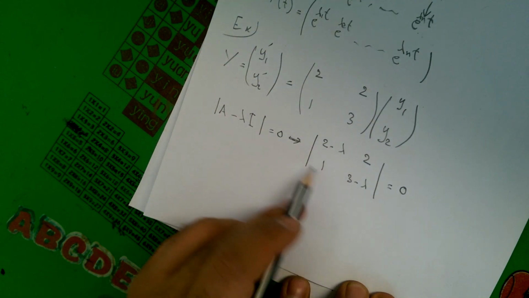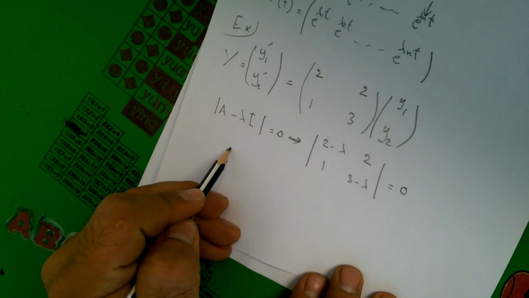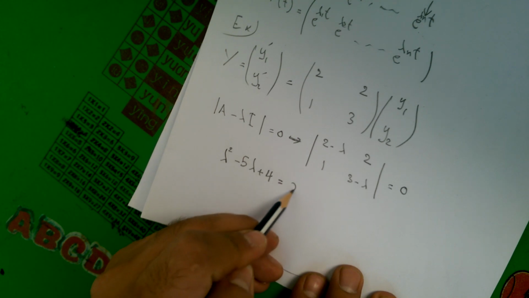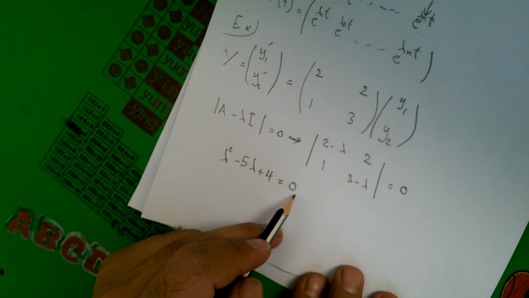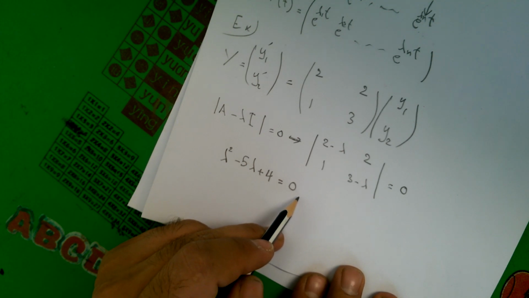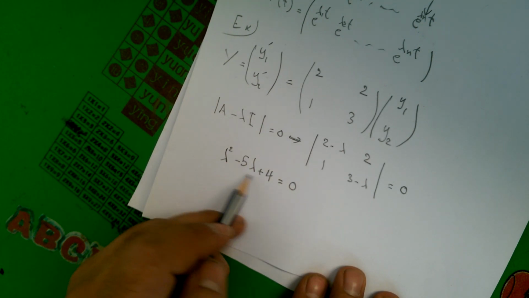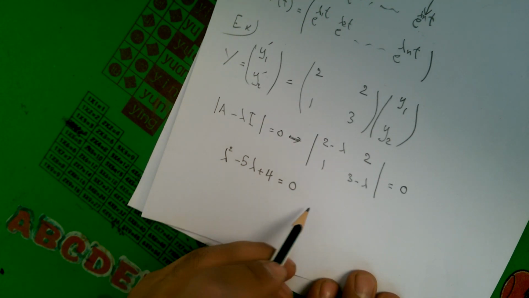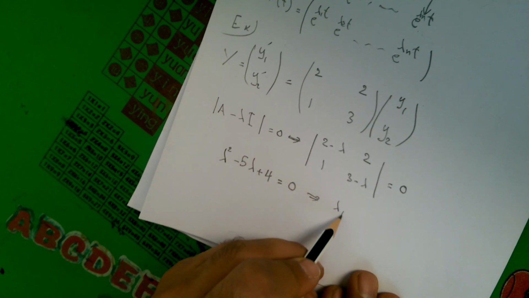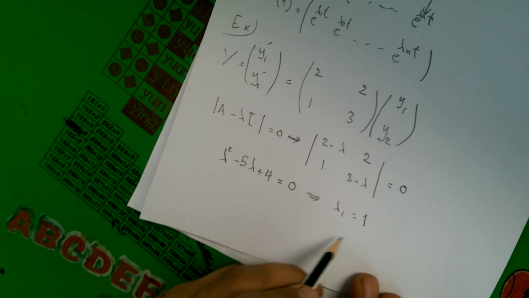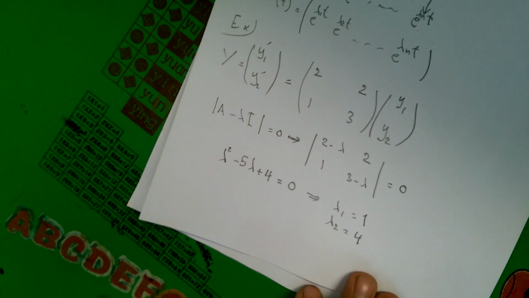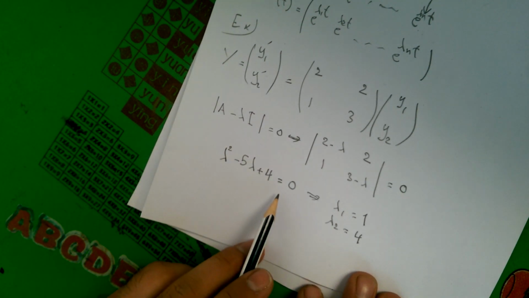Now solve the determinant, and you get lambda squared minus 5 lambda plus 4 equal to 0. It is a polynomial of degree 2, and it has 2 roots, and the roots will be the eigenvalues. Lambda 1 is 1, lambda 2 is 4. It's very easy to solve the second degree polynomial.